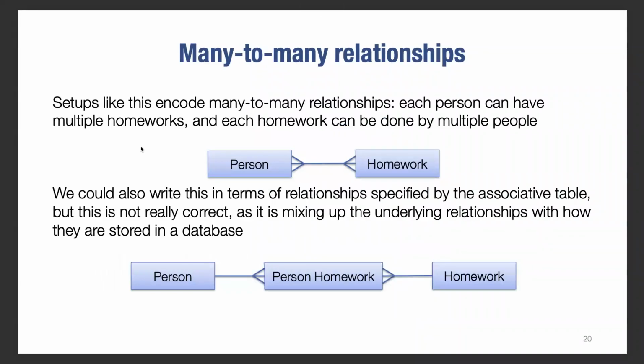So, many-to-many relationships. Why did we have to go through what we've just said with associative tables? It is because in many-to-many relationships, it doesn't always make sense to explain it as many people having many homeworks, or many instances of this entity mapping to many instances of the other one.